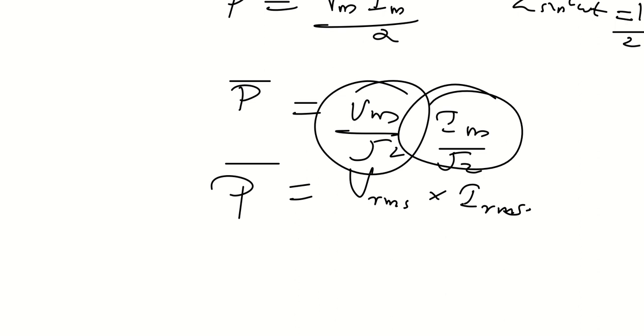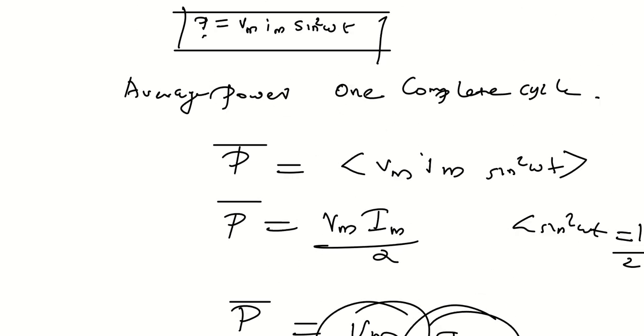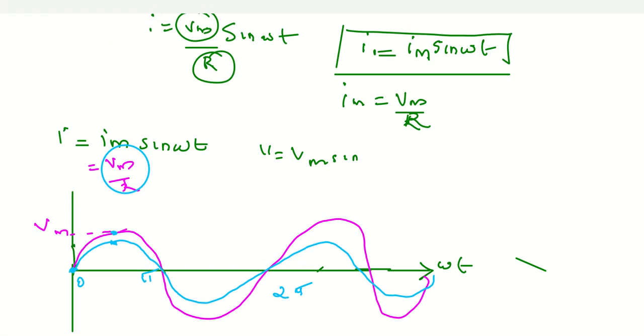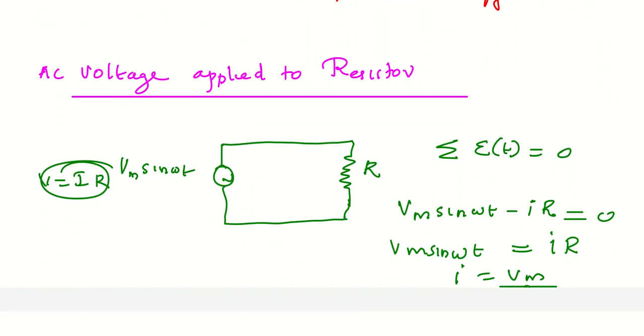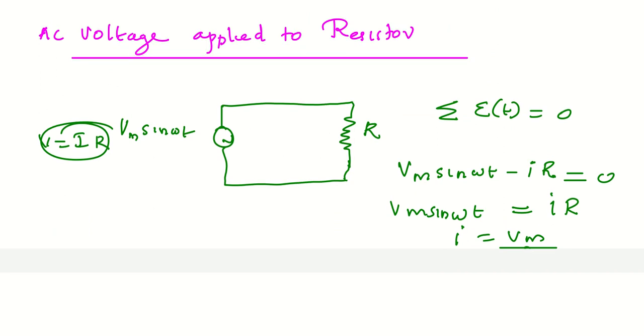Next we want to know what is meant by Vrms and what is meant by Irms. You know all these things, no? We did the AC voltage applied to a resistor, and we applied Kirchhoff's law here.